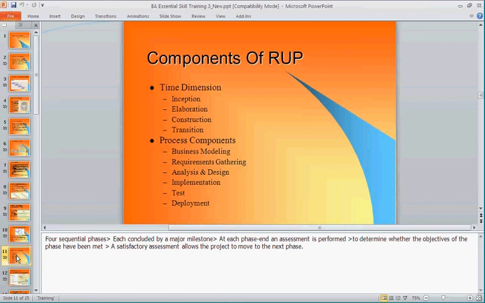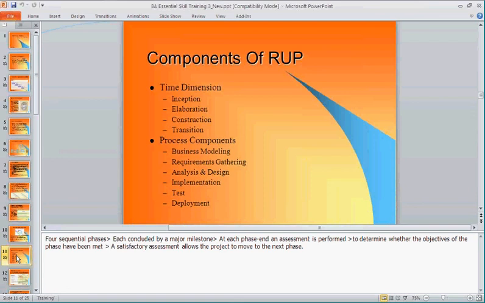As you go through from one phase to the next, is there a time lapse or no? Yes. So the SDLC dimension is called the time dimension because it takes time to develop the software. It goes from one phase to the next, to the next, to the next.